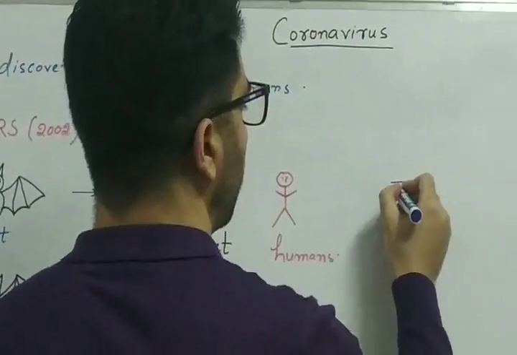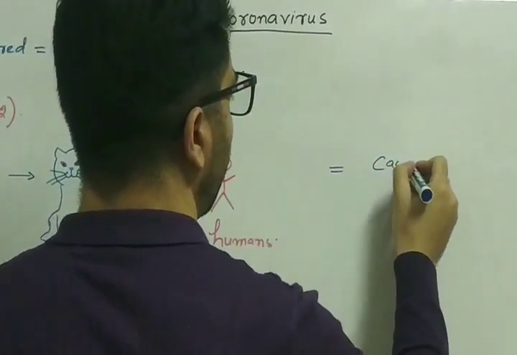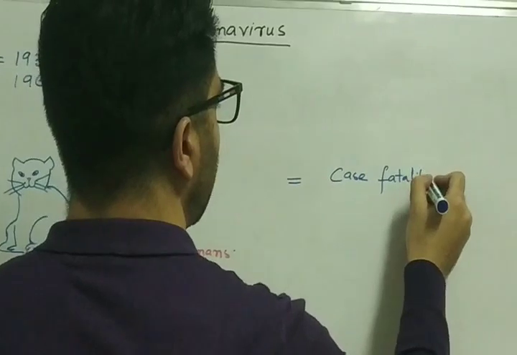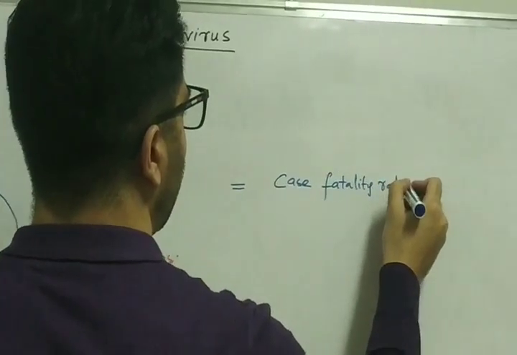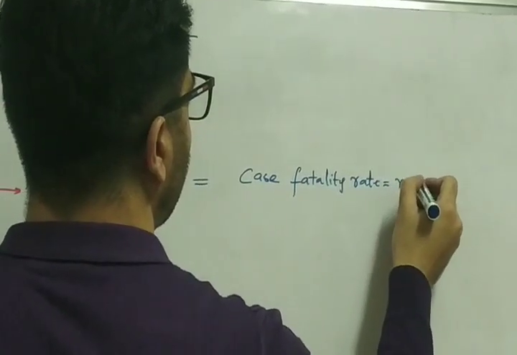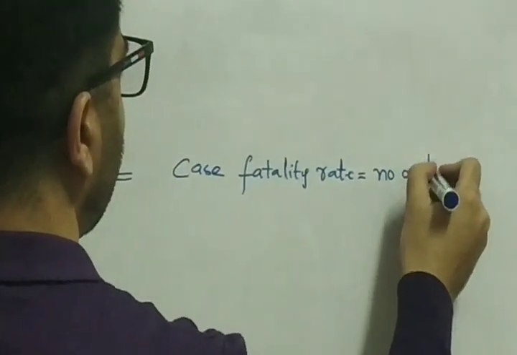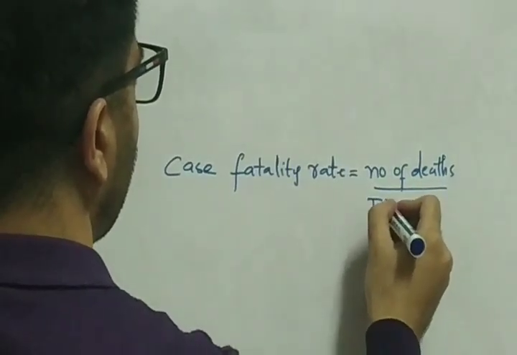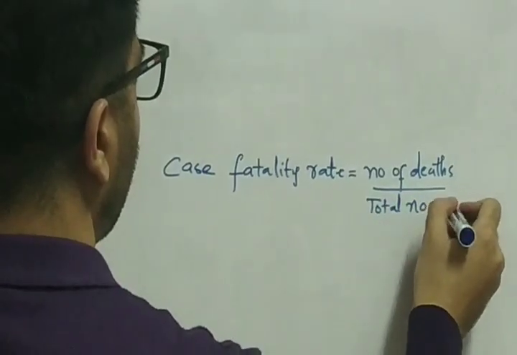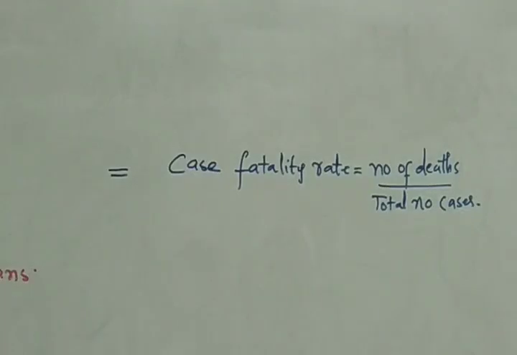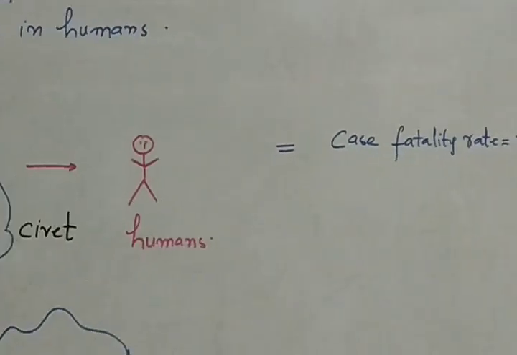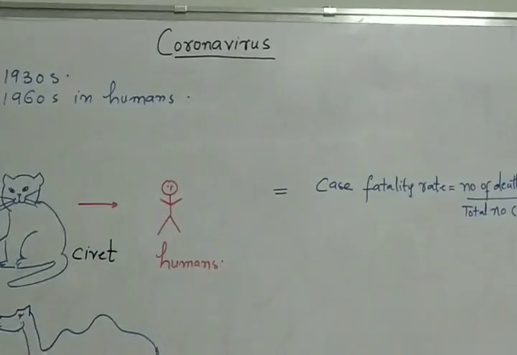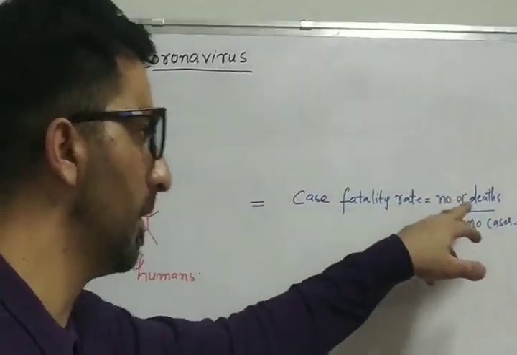Case fatality rate is equal to the number of deaths divided by the total number of cases. What was the percentage of deaths during the 2002 SARS syndrome?